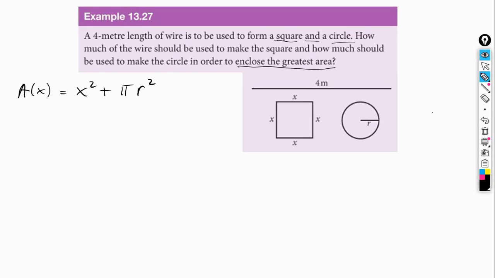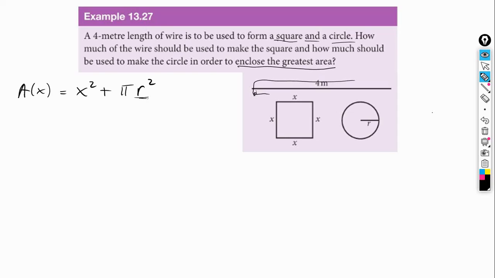Okay, so here we have a difficulty, and the difficulty is that we have two variables. We always want to do these optimization problems using x as the only variable, so that means we have to change r to x. Luckily, we have another equation that we can take advantage of, based on the total length of the wire.